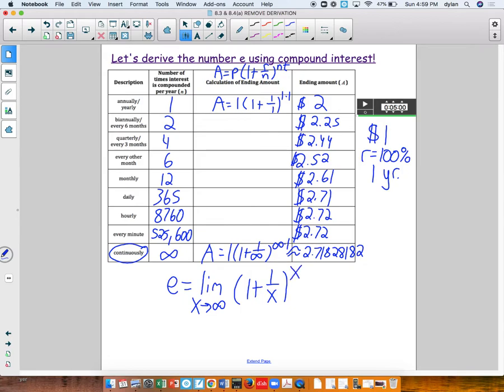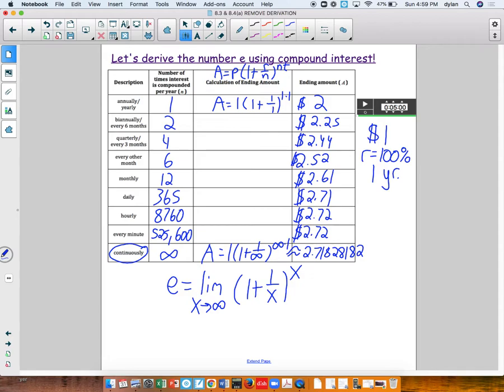And that is exactly the same as what happens when we compound continuously with a $1 loan at 100% interest rate for 1 year. So the purpose of this handout and example was to show you that you can get to E simply using compound interest, which is why I mentioned earlier that it shows up in a lot of financial applications.